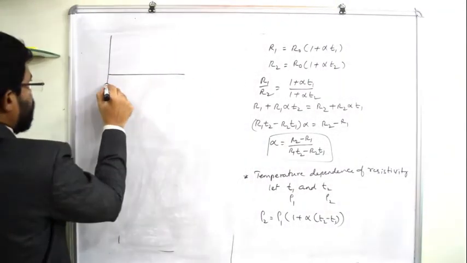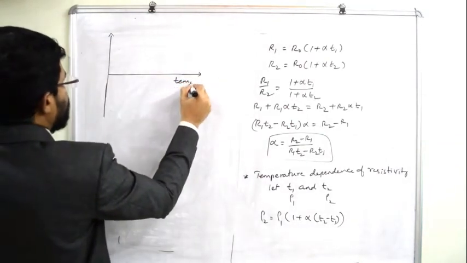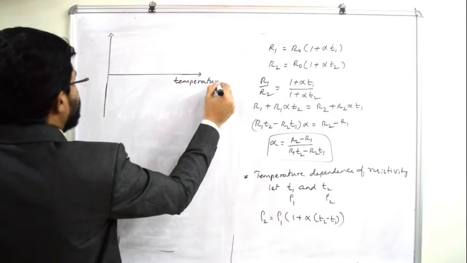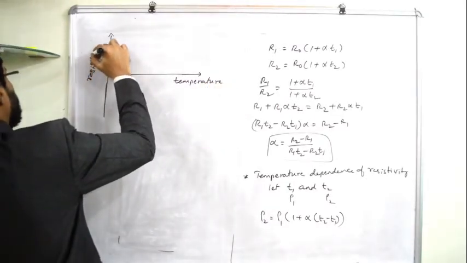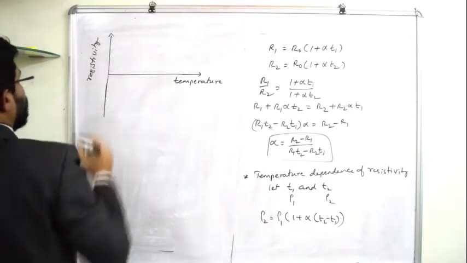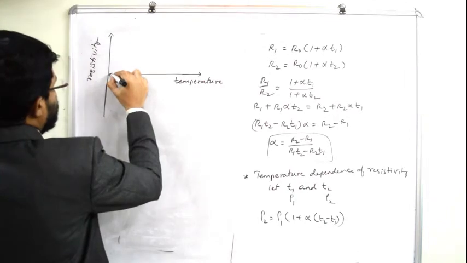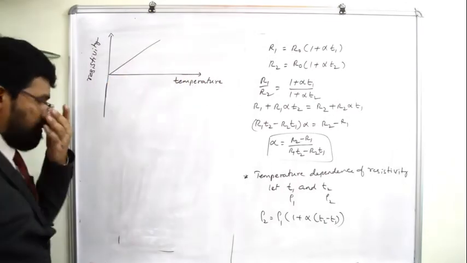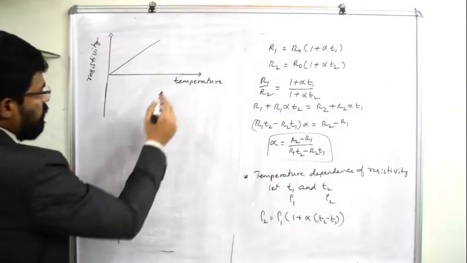Let us say this is the graph. I have taken temperature on this axis, and this axis is resistivity. For conductors, when the temperature is increasing, what happens to the resistivity? Resistivity increases linearly.